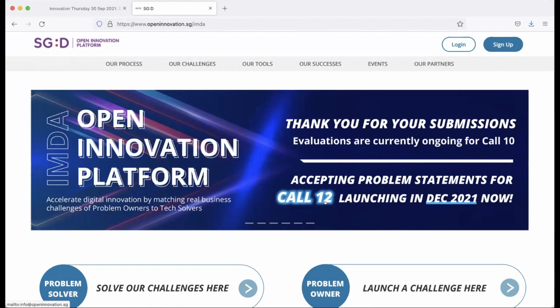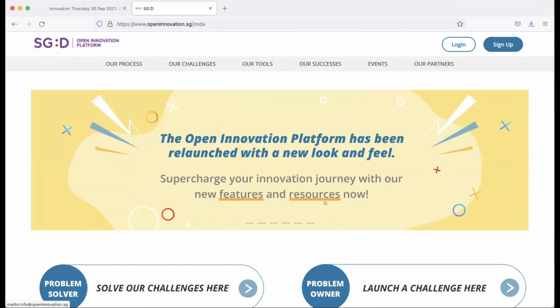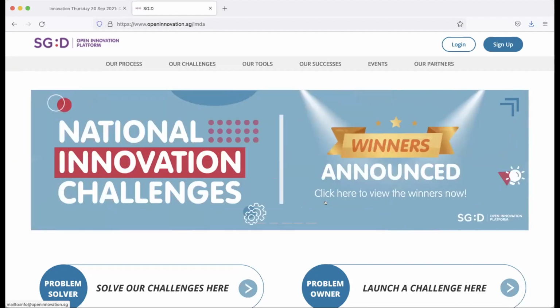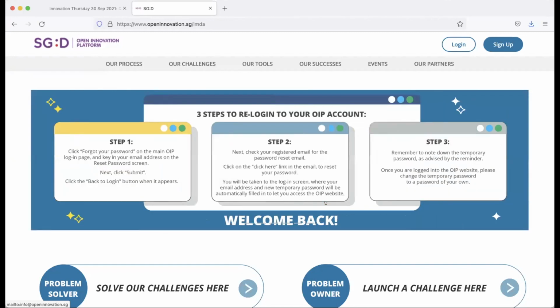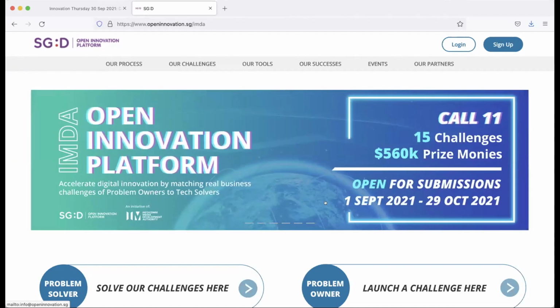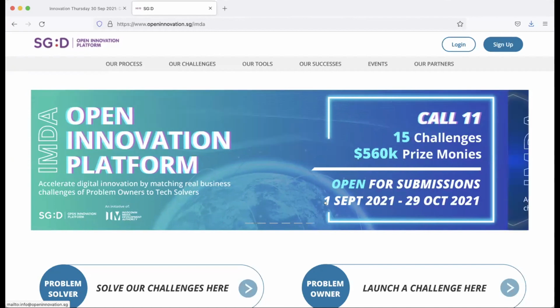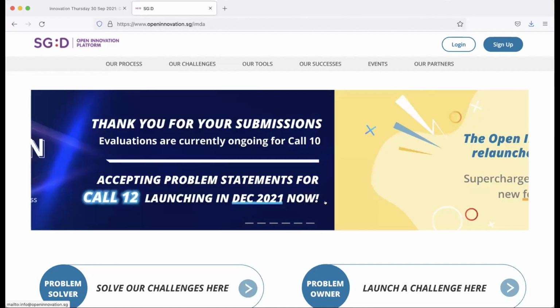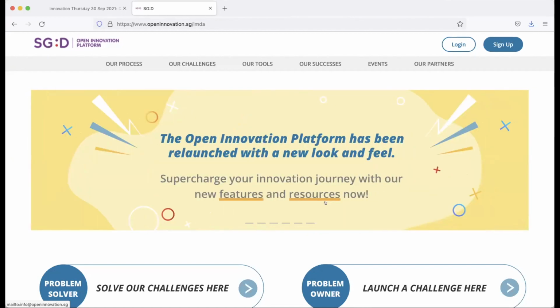It's a structured process because we provide resources, such as consultants to help you refine your problems, refine your submissions, and advise you on your solutions, on the UI aspect, and on the design thinking aspects. So basically, this is a structured crowdsourcing process where we look for the best innovative solutions to problems that are so challenging there are no off-the-shelf solutions. Therefore, you need OIP to help you come up with something new and innovative.